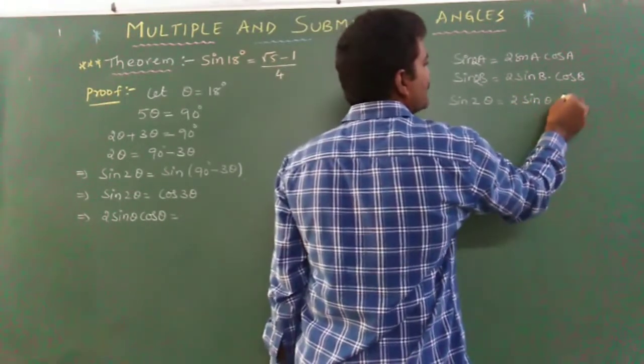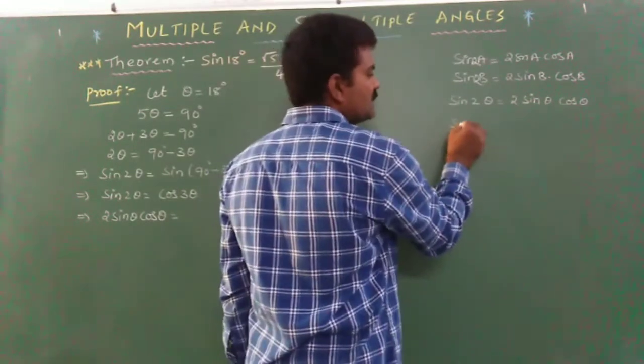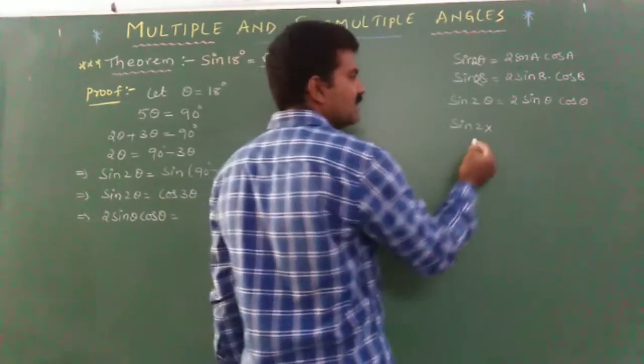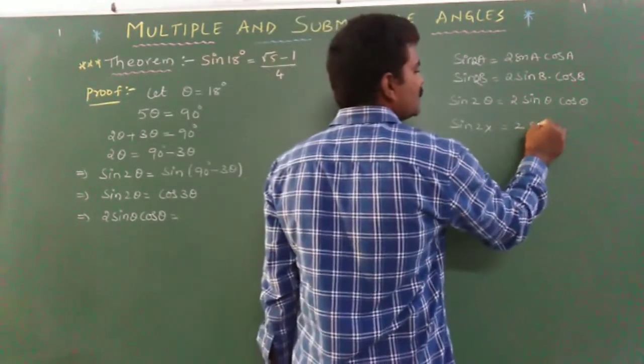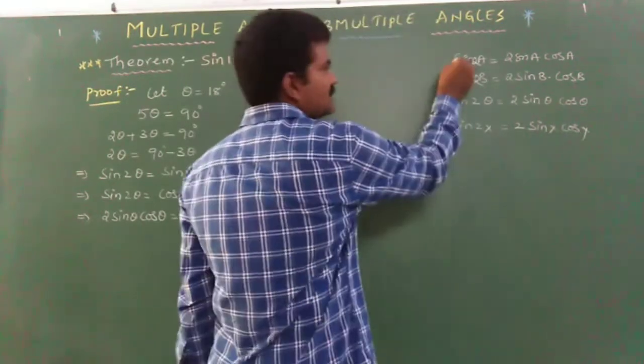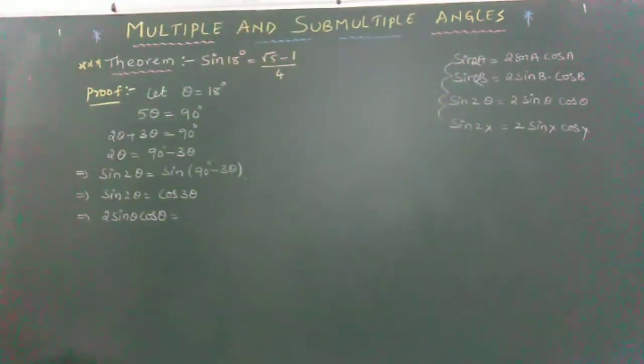You can replace A with theta. Suppose I want sine 2x. The formula is nothing but 2 sine x into cos x. All these things are the same. The only thing is the angle is changed, so according to that angle, you need to write the formula.